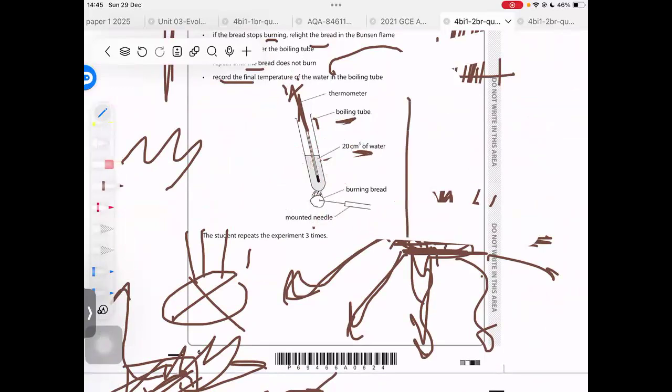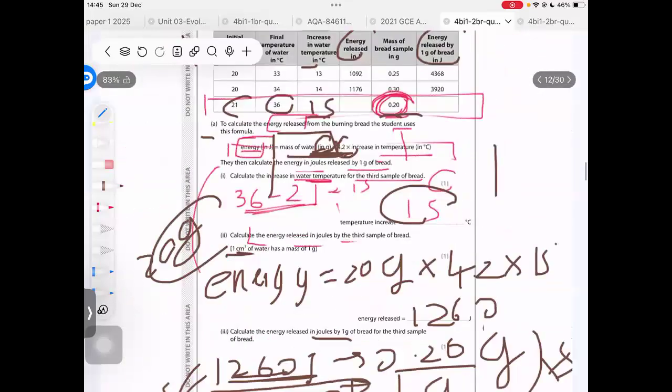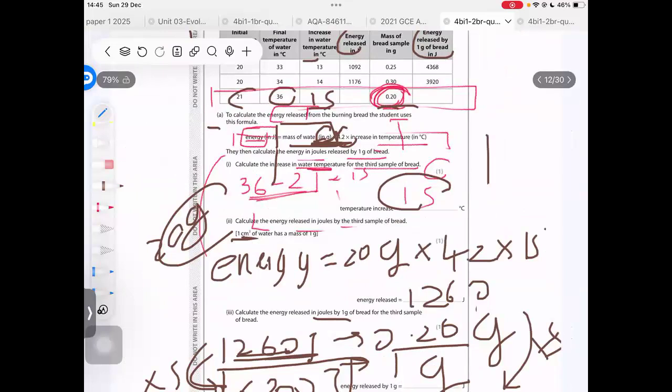So why don't you use a clamp and a stand? Using the clamp and the stand, you can hold the test tube in a fixed position, and you can hold the mounting needle at a fixed position. So the distances won't change. Throughout the experiment, you are keeping a fixed distance.